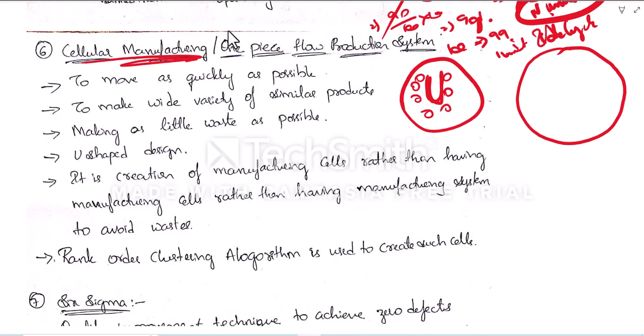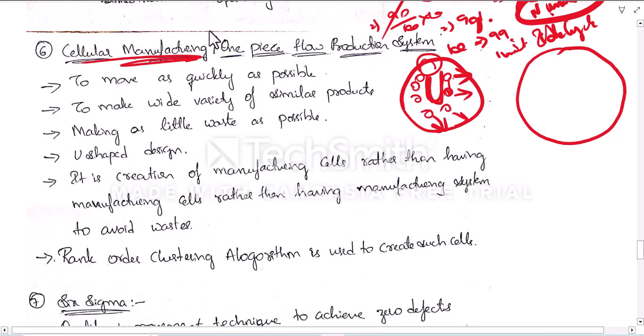It is designed in a U-shape and all the machines will be there. One single operator will look after all the machines so that he will be able to find the defective products coming out of each step, and he will check whether it is proper or not. This is used to avoid waste, like unnecessary movement of goods, and reduces the time.